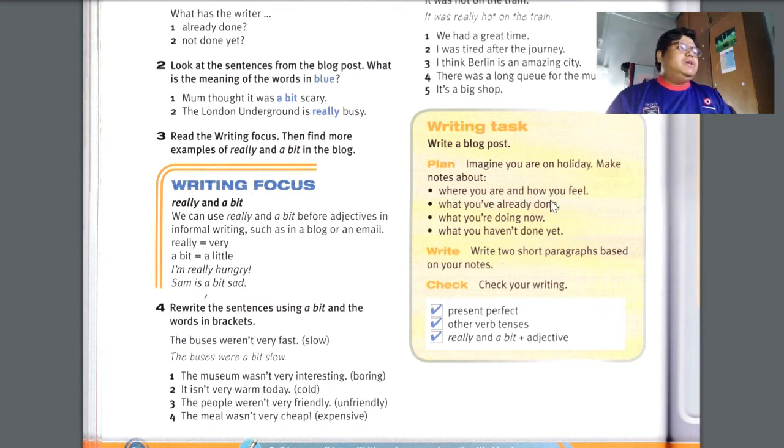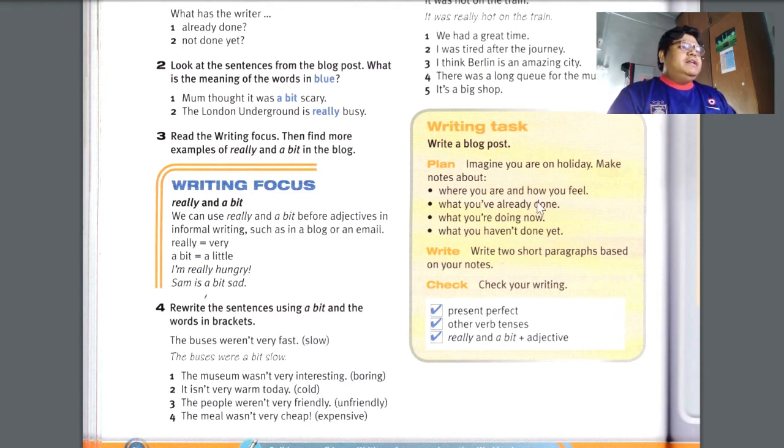So macam awak bayangkan yang awak pergi ke holiday. So bayangkan awak ada dekat mana and apa perasaan awak. Okay, kalau awak tak nak bayangkan pun, mungkin awak boleh tulis karangan ni berdasarkan pengalaman awak pergi bercuti di mana-mana di dalam ataupun luar negara.